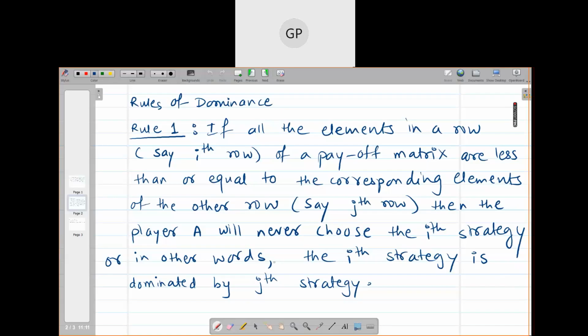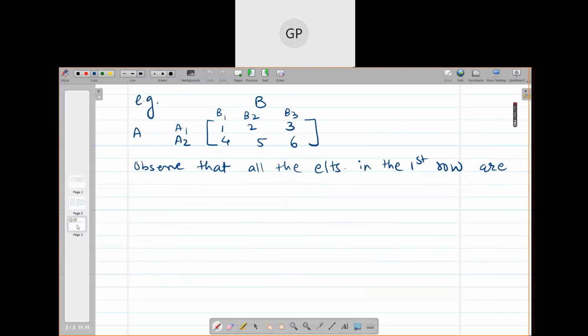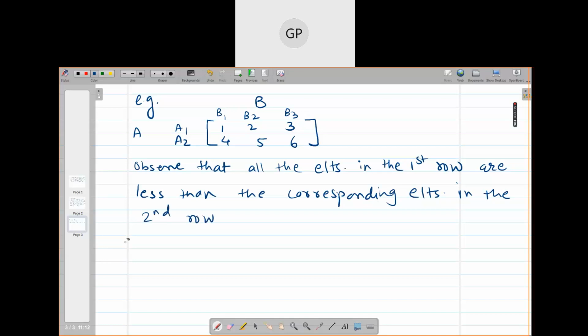So, for example, we are considering this payoff matrix. Observe that all the elements in the first row are less than the corresponding elements in the second row. Therefore, we say that row 1 is dominated by row 2, right?